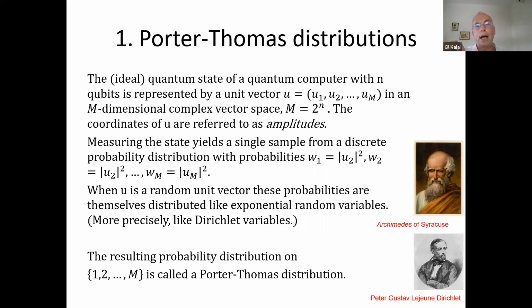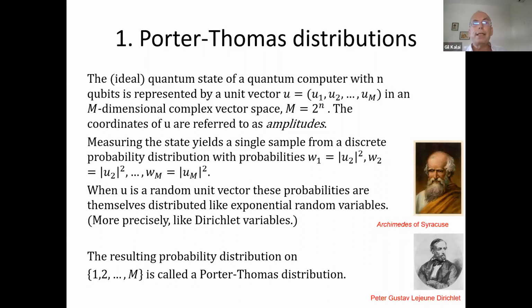Let me explain how you get these exponential random variables. Each real coordinate of each complex coordinate is distributed very close to a Gaussian distribution, because if we take a unit vector in a real vector space, then the coordinates are very close to being Gaussian.